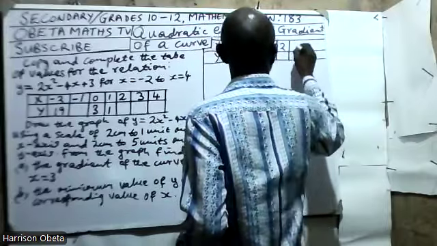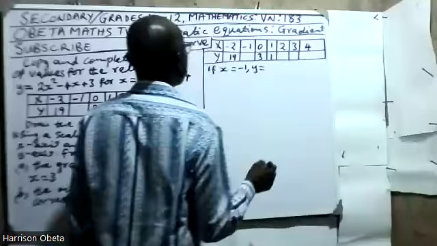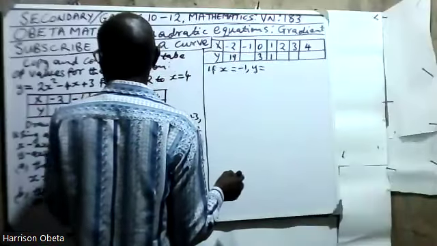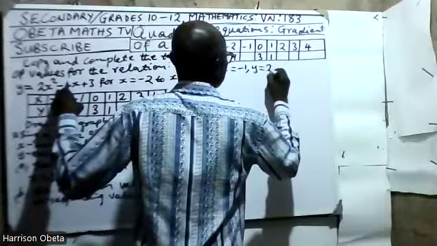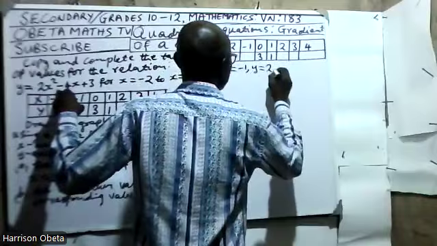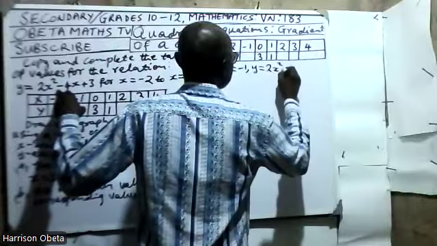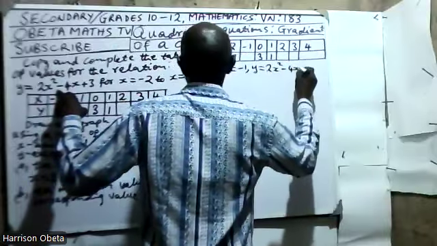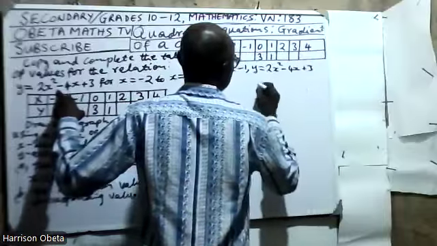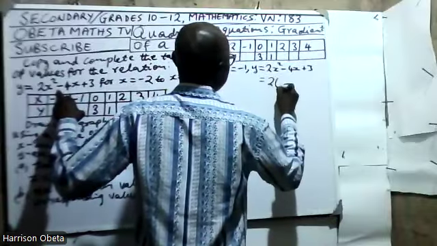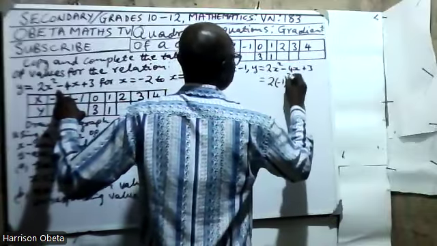If x equal to minus 1, it means then y is equal to 2x squared minus 4x plus 3. And that is 2 brackets minus 1 squared, minus 4 brackets minus 1, plus 3.